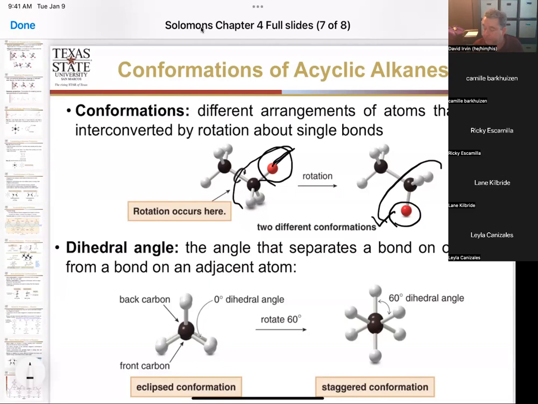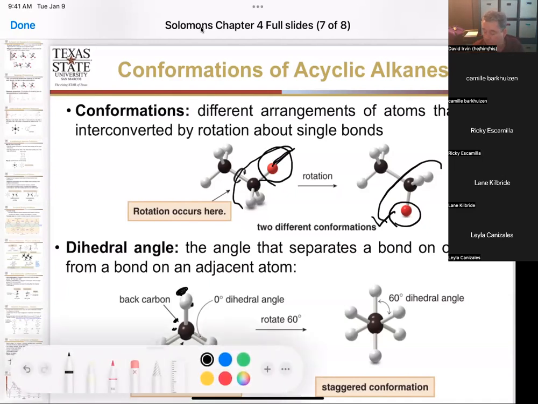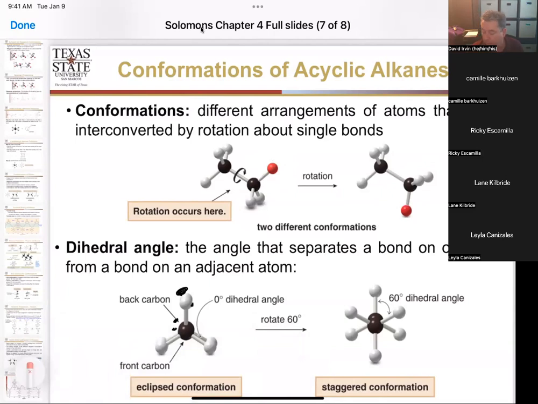So let's talk about that. If we have an atom here, another atom here, a third atom and a fourth atom all together, we call that a dihedral angle. So let's look at it again over here.